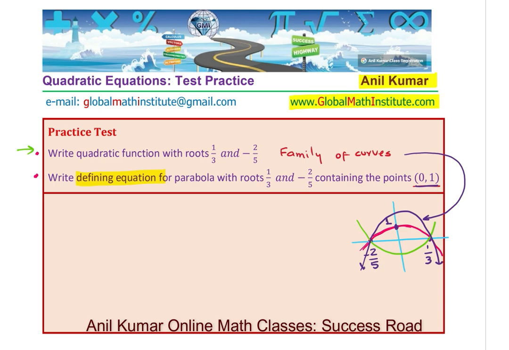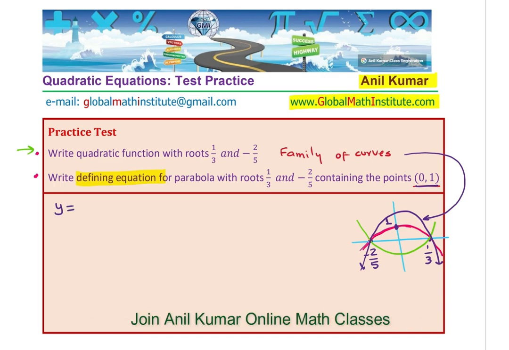When we say quadratic equation and when the roots are given to us, we prefer to write the equation in the form y equals x minus x1, where x1 is the first root, times x minus x2, the second root. And since it is a family, we multiply by the term a.